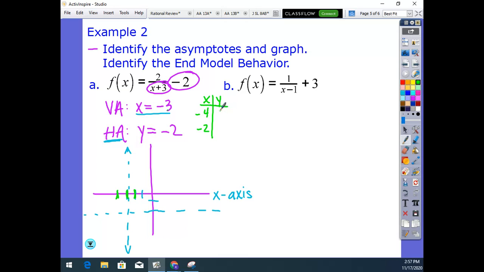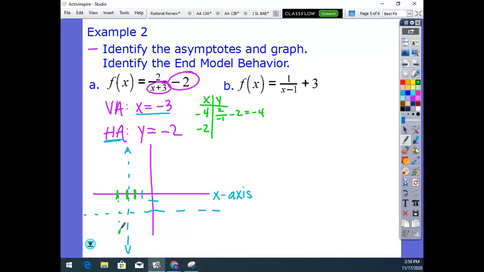So we get 2 over, what's -4 plus 3 is -1. So this is plugging it in. This is -2 minus 2 is -4. This tells me when x is -4, y is -4, which is down here.